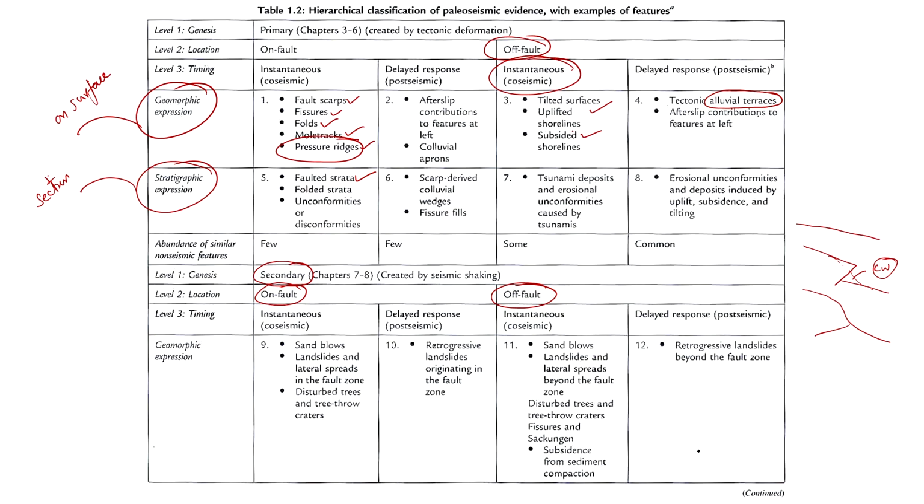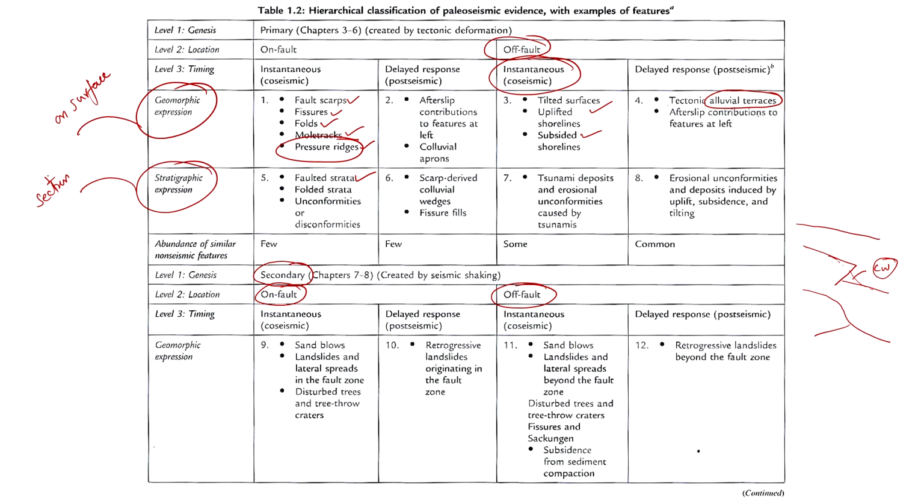Similarly, if you are in the coastal areas, then you will come across tsunami deposits, and certain erosion that marks the unconformity in the environment. For example, you have a very calm environment close to the coast, but suddenly you see very coarse deposits sitting on top of it.